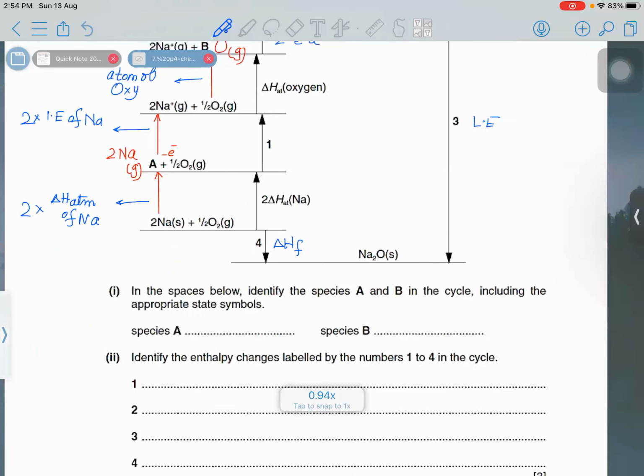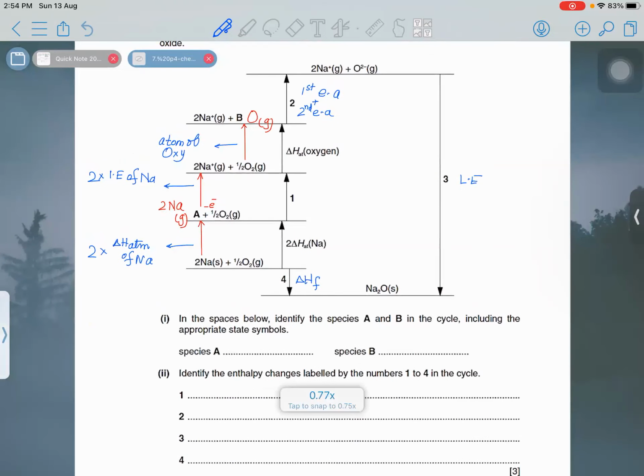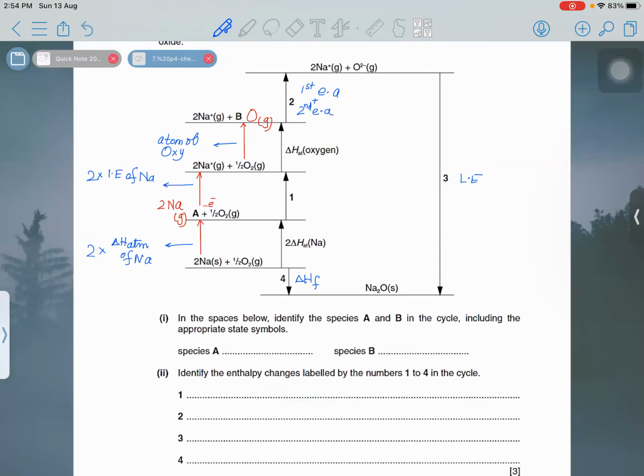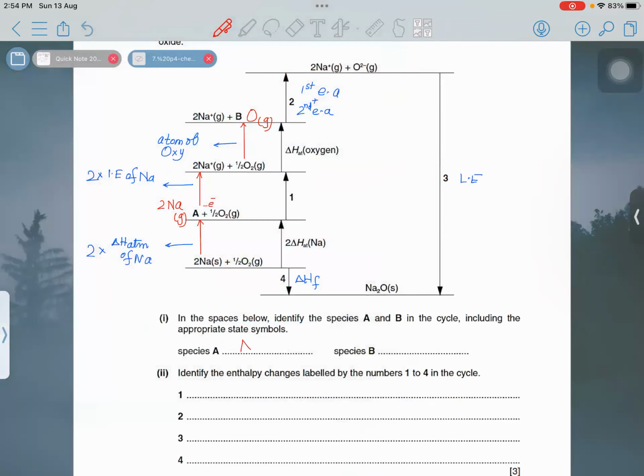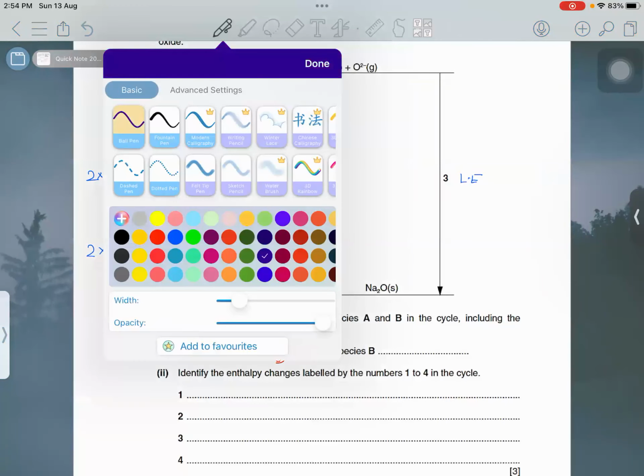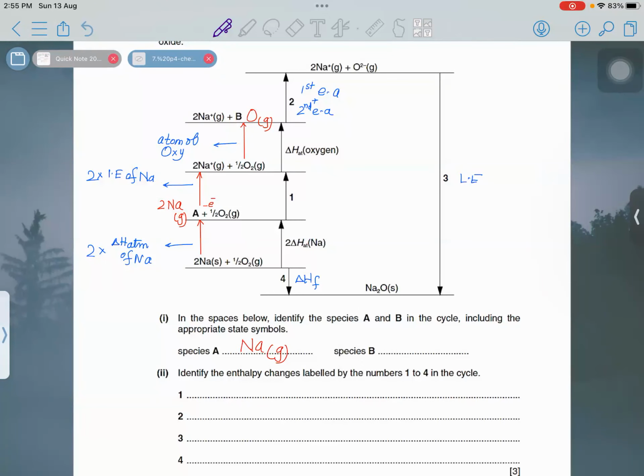Can you tell me what species A is? It's only the species, not the number, so it is Na gaseous. And species B is O gaseous. Very good.